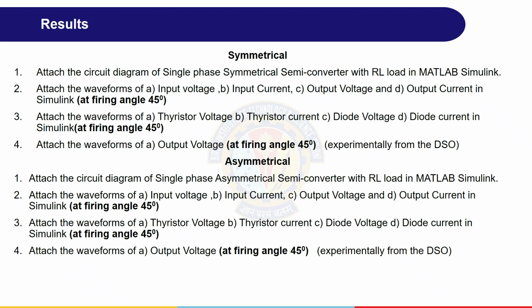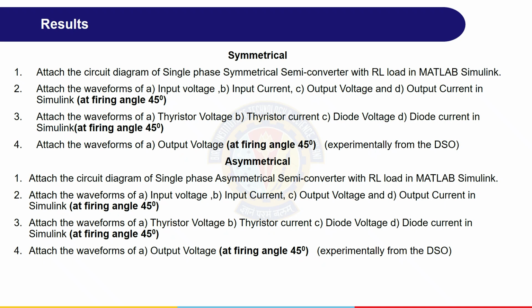We are done for different firing angles, but at 45 degrees you have to attach the waveform here. Third one, attach the waveforms of thyristor voltage, thyristor current, diode voltage, diode current at firing angle 45 degrees. Attach the waveform of output voltage at firing angle 45 from the experiment. Here you have to attach.